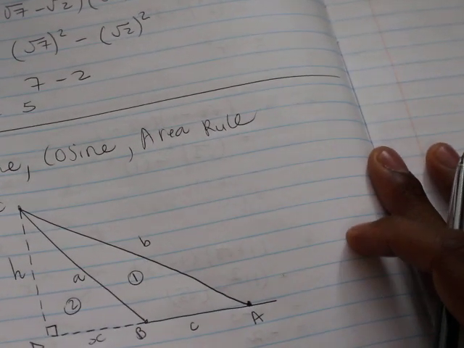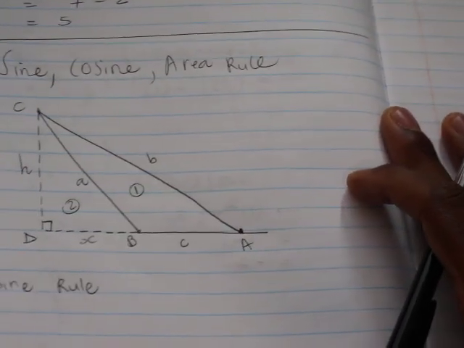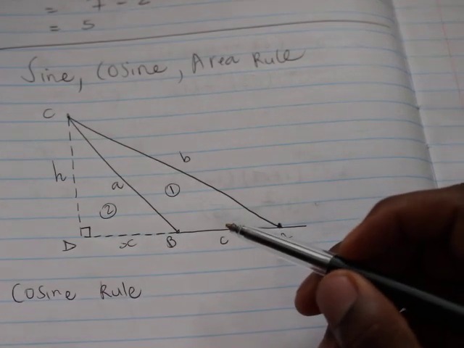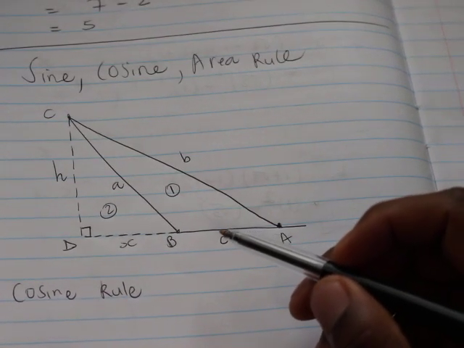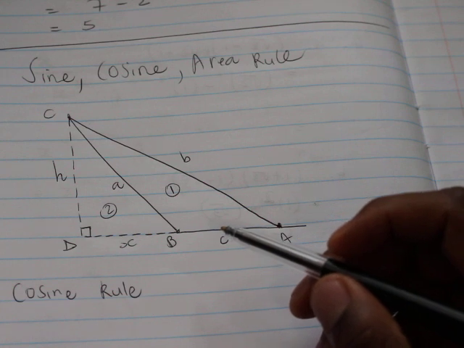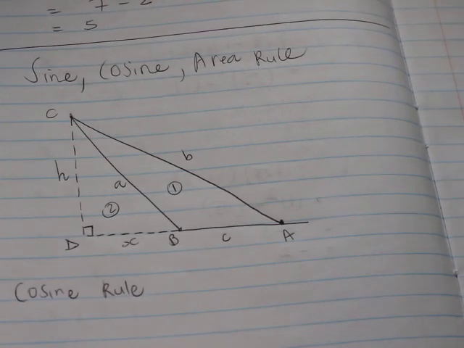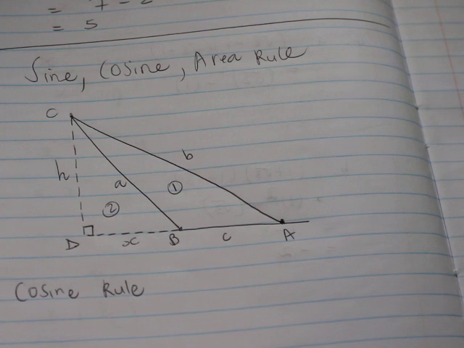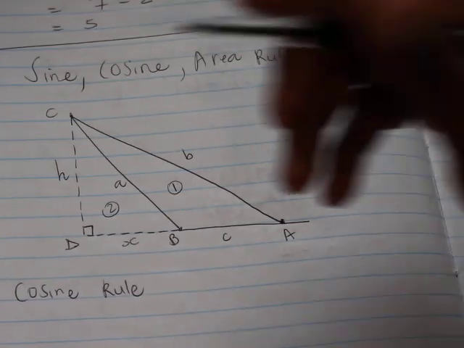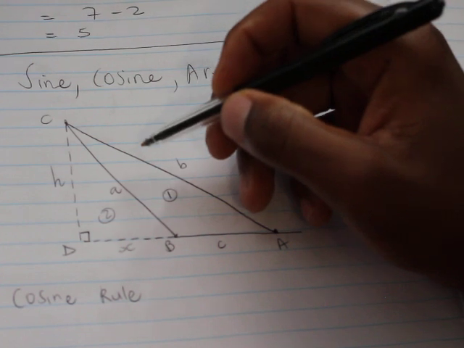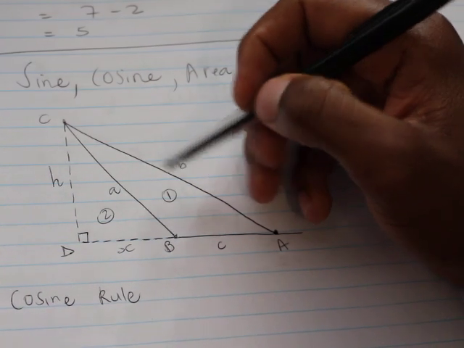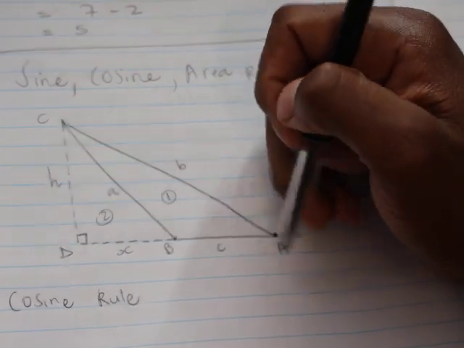So in the first triangle, as you guys can see, triangle 1, we are going to operate in two triangles, and we're going to try to operate in the two triangles that h belongs to. You can see that triangle 1 doesn't have h as one of its sides, so we're not really going to be operating in that triangle.